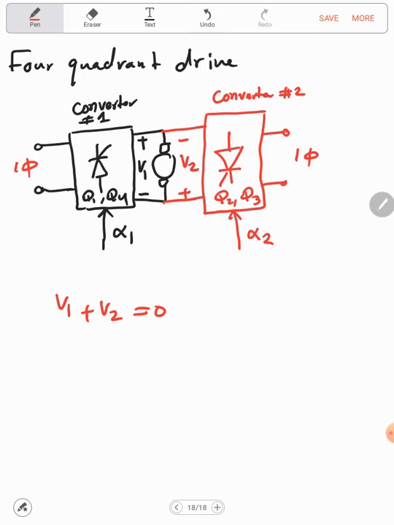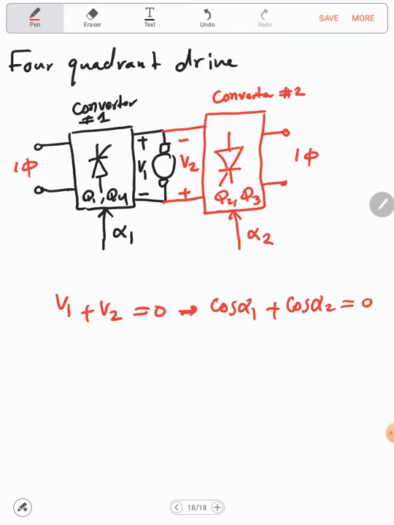So in order to avoid short circuit or what we call circulating current in the inverter, V1 plus V2 must equal 0. So from here we end up with cosine alpha 1 plus cosine alpha 2 must equal 0. Now we can use a trigonometric identity.